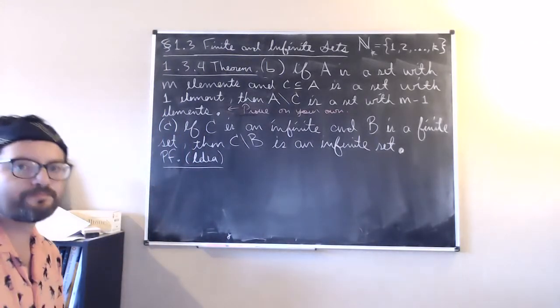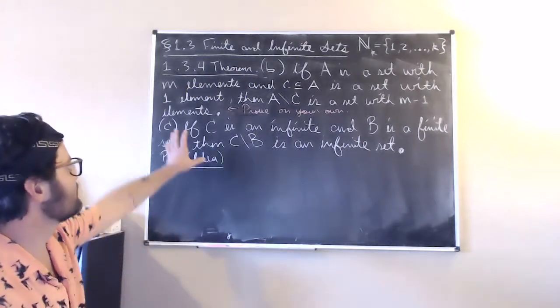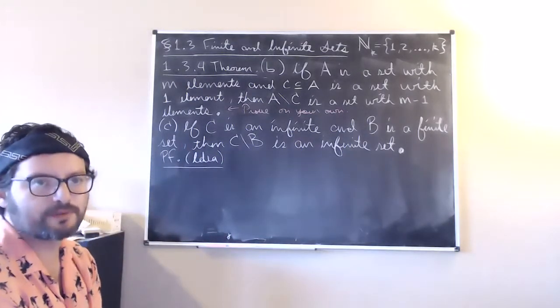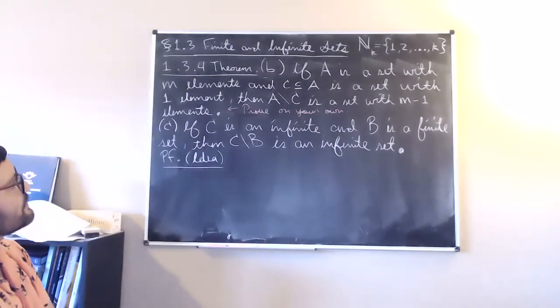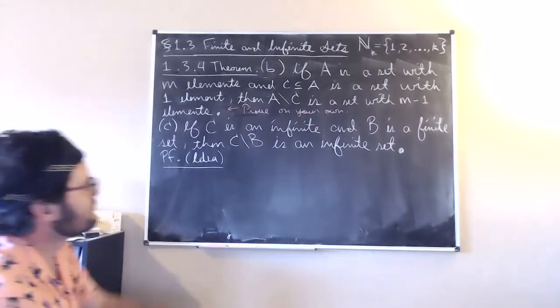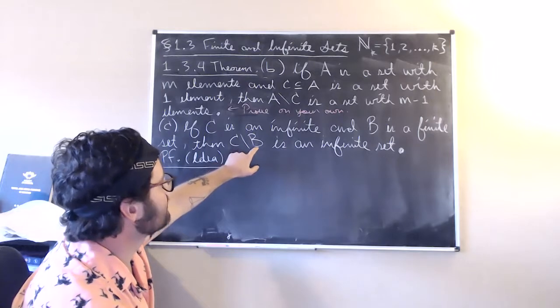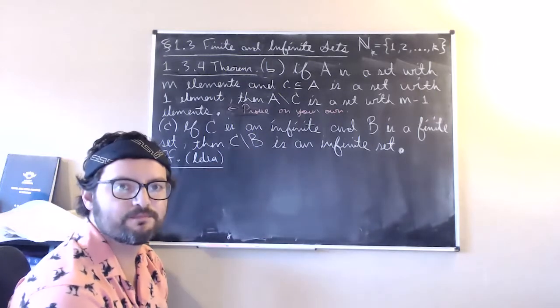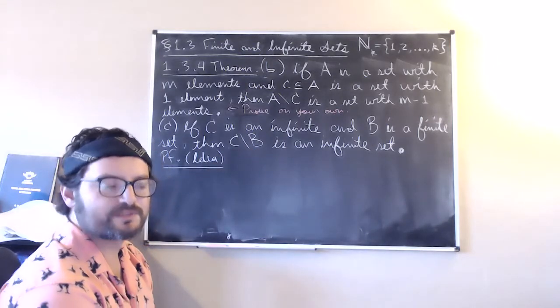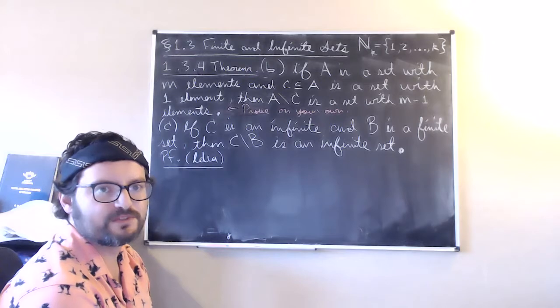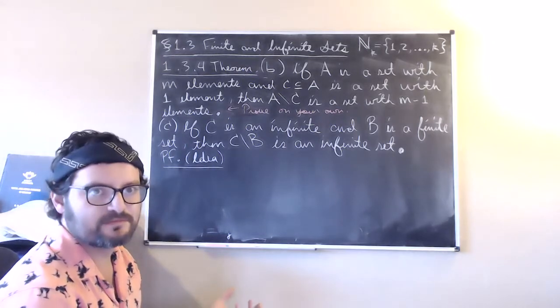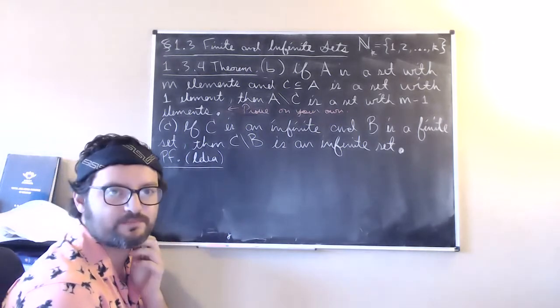Okay, so let's focus on part C for now, okay? So C is infinite and B is finite. And then we want to show that under those assumptions that C set difference B is an infinite set. What type of proof technique do you think would be best when first considering this statement?